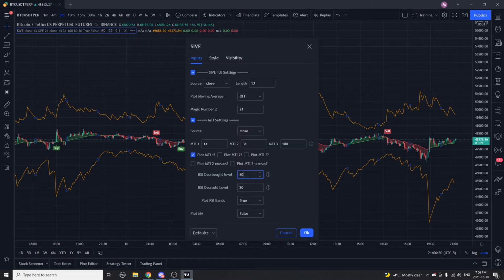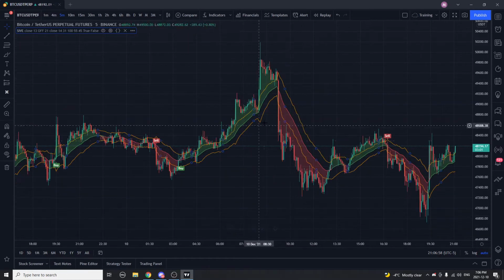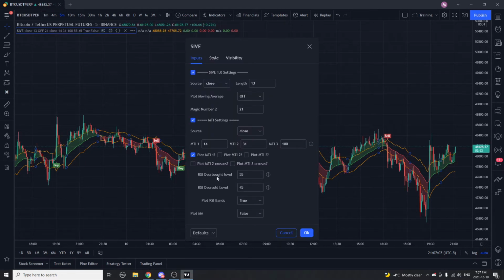If you want to use maybe a 55-45 to show the dead zone, you can even do that too. And then this would show you the outside ground of that middle zone that we're looking at. Depends on how you utilize RSI yourself. I've added this feature just for a nice little addition.